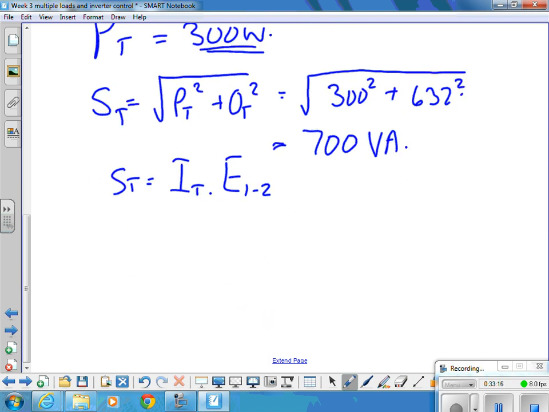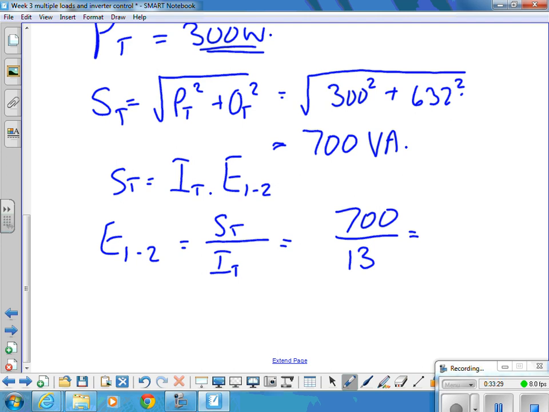It must be true that E12 is equal to ST over IT. That's 700 over 13 equals 53.8 volts.